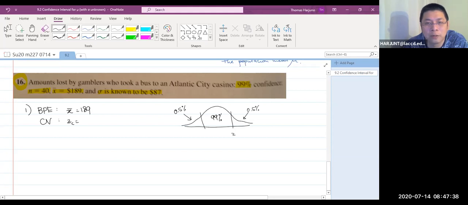So the critical value here will give us area to the left, 0.5% plus 99%, that's 99.5%. That's inverse norm of 0.995.